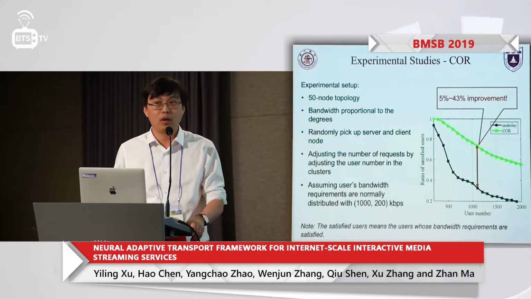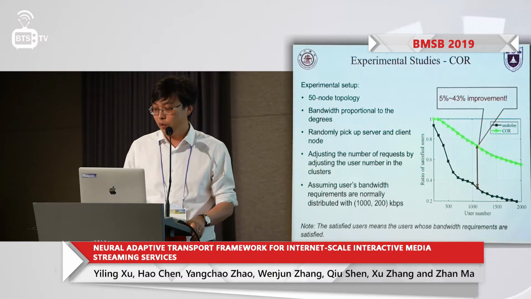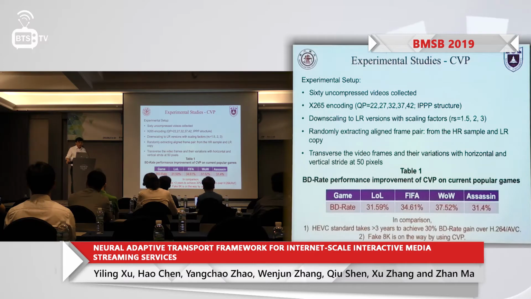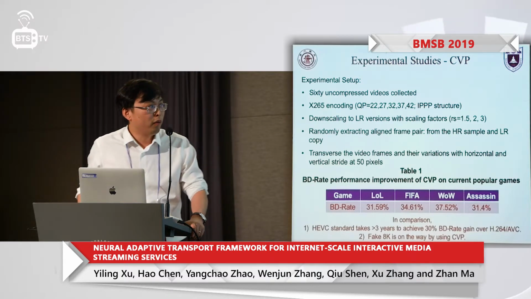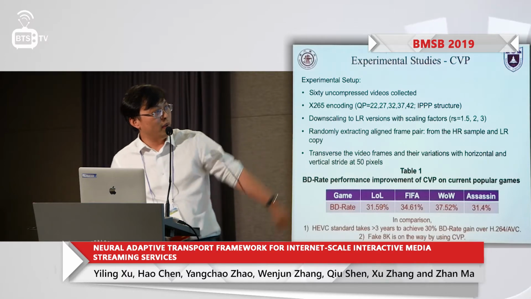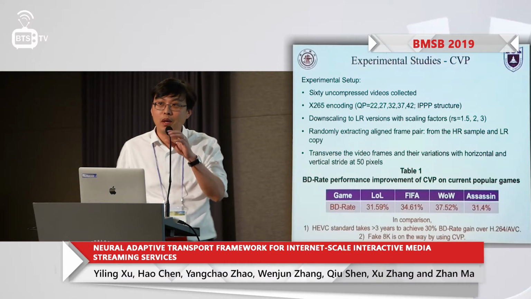So this kind of cloud overloading is very helpful for those dense population. And the second one is the collaborative video processing. We use it in the real scenario in the cloud gaming and compare with the HEVC, the most advanced video coding. In this one, we can see the names here are very famous games.